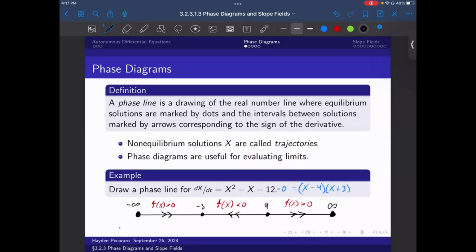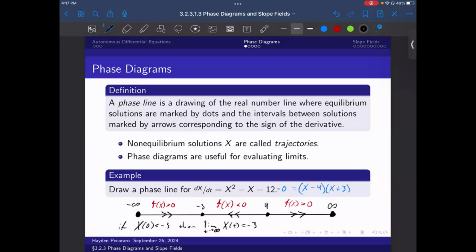Well, if x of 0 is less than -3, then the limit as t goes to infinity of x of t, supposing I have a non-equilibrium solution, so my initial condition is over here somewhere, well, that point's going to try and drift over towards this one. And so my limit is -3.